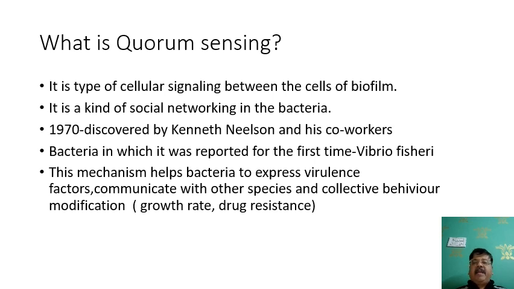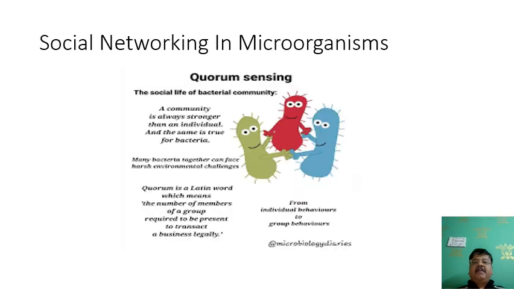This mechanism helps bacteria to express virulence factors, communicate with other species, and modify collective behavior. Growth rate can be modified depending upon the number of organisms. Drug resistance can also be developed, and this signaling occurs with the help of quorum sensing.